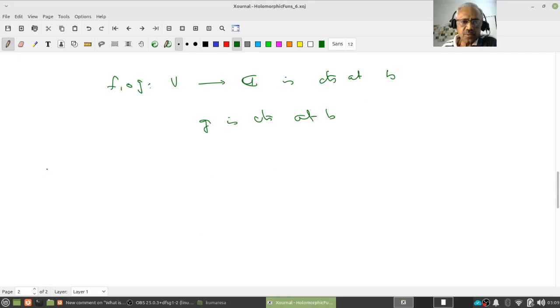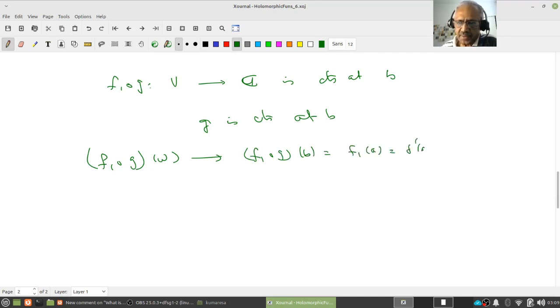Therefore f1 of g composite w, where does it converge to? It converges to f1 of a, because of the continuity, it converges to b, but that is f dash of a. Do you follow that?